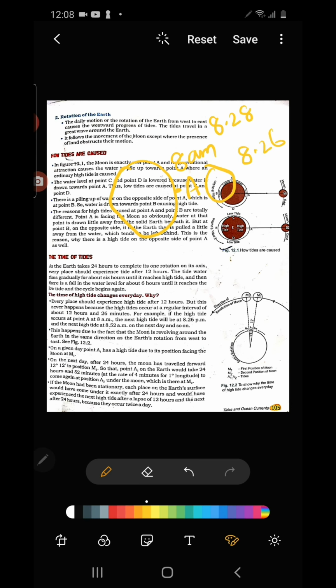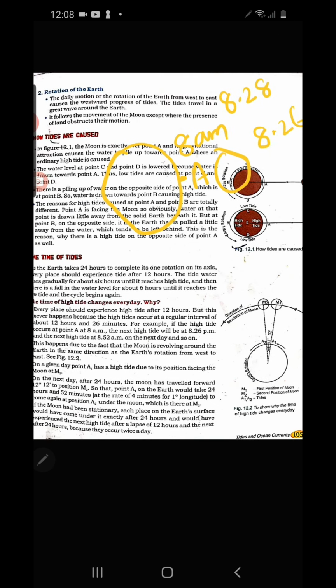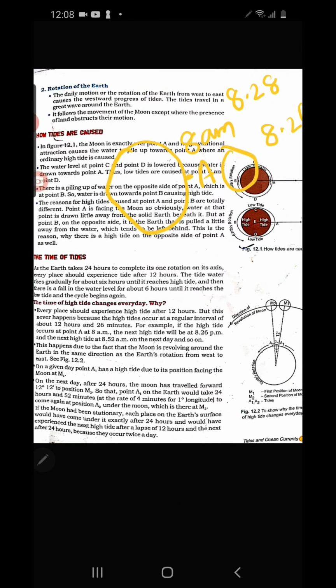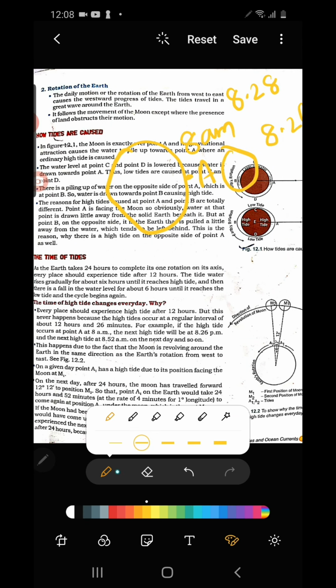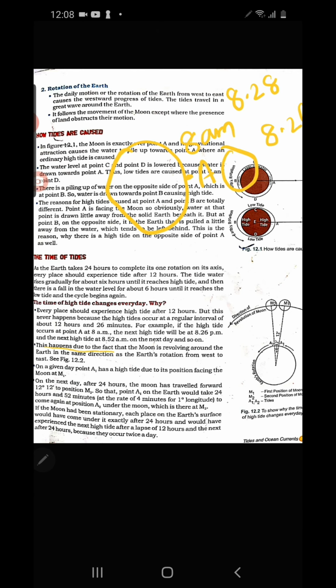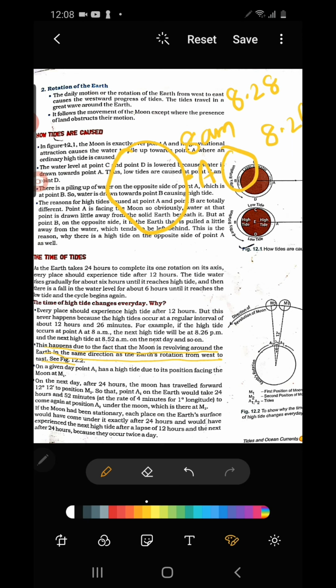Why? What is the reason for this variation? You have to underline this. This happens due to the fact that the moon is revolving around the earth in the same direction as the earth rotates, from west to east. So why does this change in the tides occurring in a particular place?